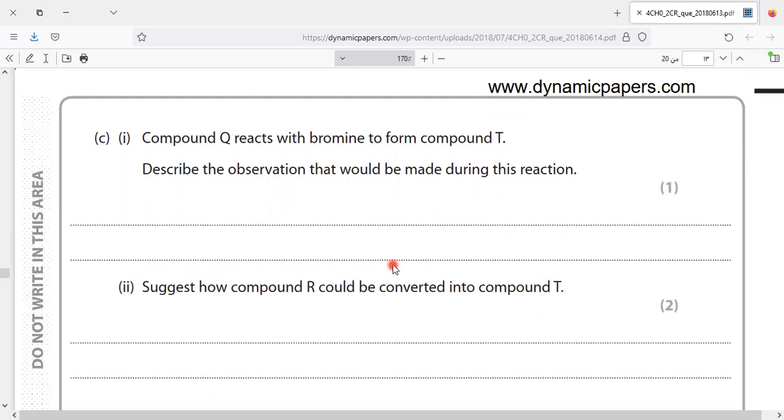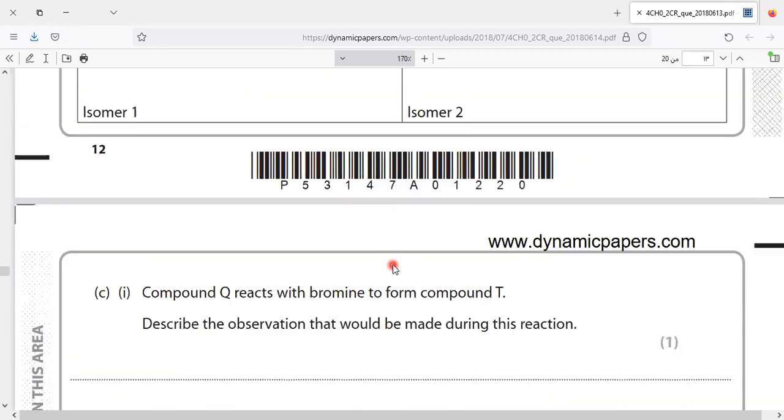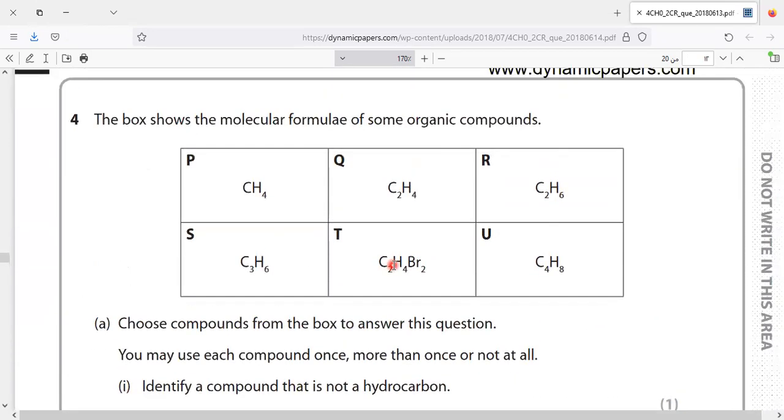When compound Q is converted to compound T by adding bromine, what is your observation? It's a substitution reaction. Observation means something you can see, something you can observe by your senses. Something you can see, something you can smell.